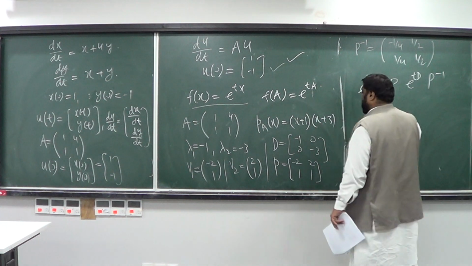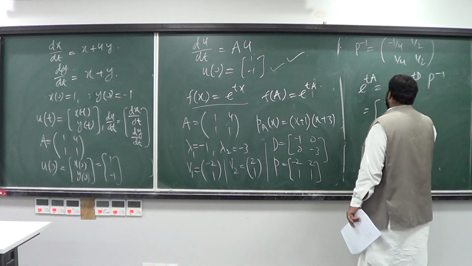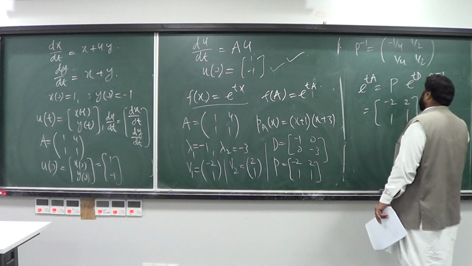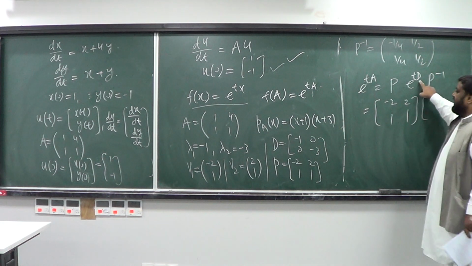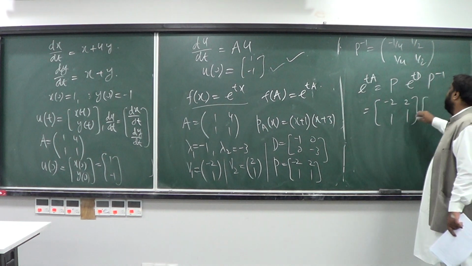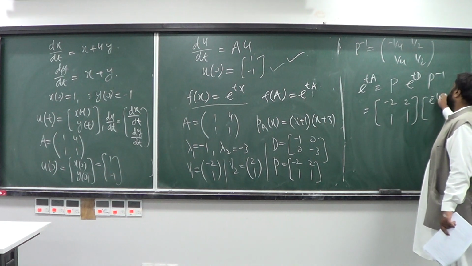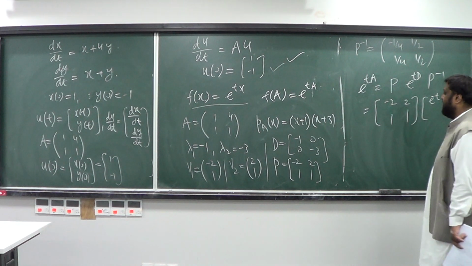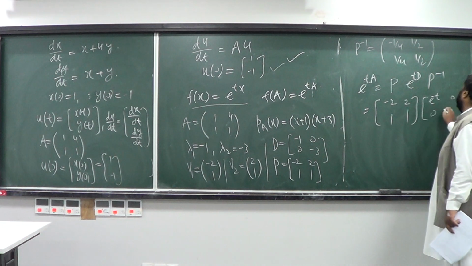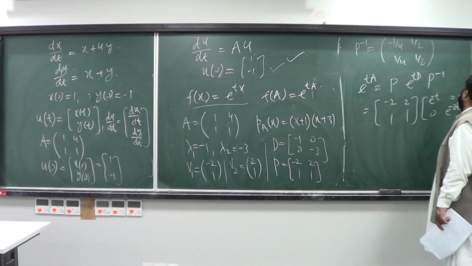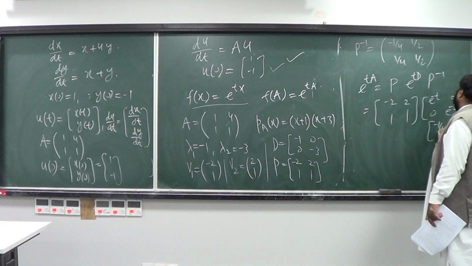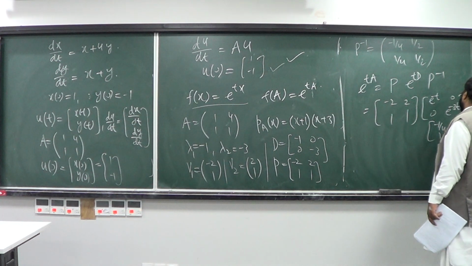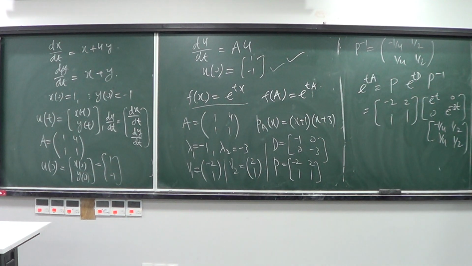P is -2, 1, 2, 1. For e to the tD, take the eigenvalues and substitute them in place of D. So it's going to be e to the -t, 0, 0, and e to the -3t, multiplied by -1/4, 1/2, 1/4, and 1/2.